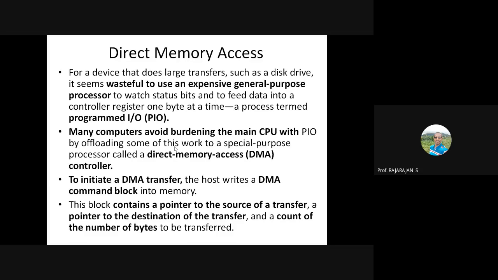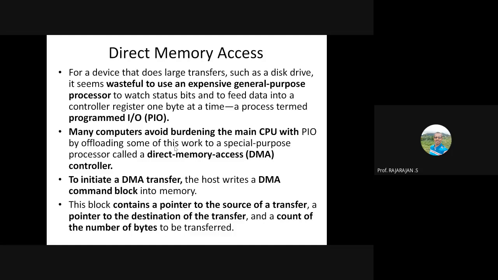So DMA adds one more advancement to the I/O data transfer. Here, when there is a need to transfer data between memory and an I/O device, it can be input or output. If the data moves from memory to I/O, then it's called an output. If the data comes from the device to the memory, it's called an input. Whichever be the case, it involves the processor.